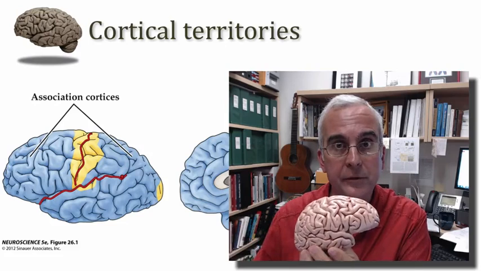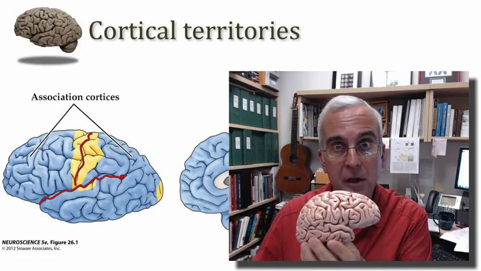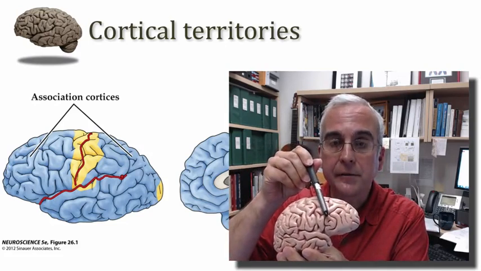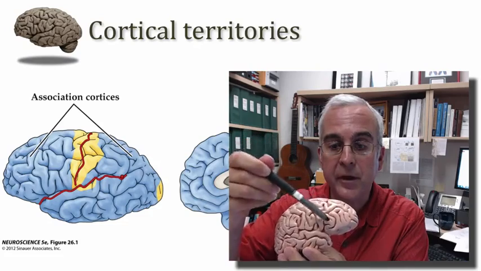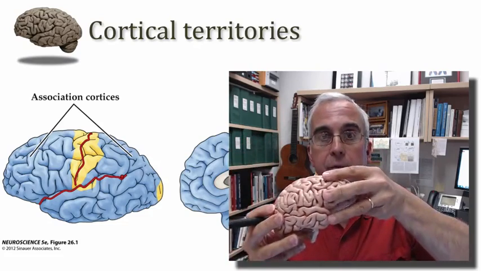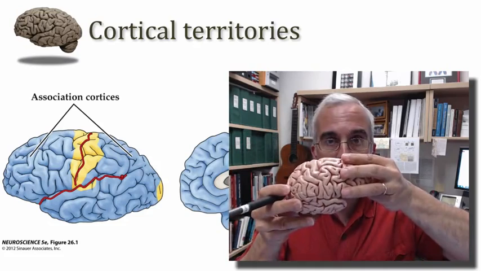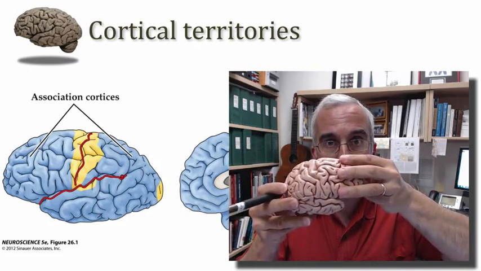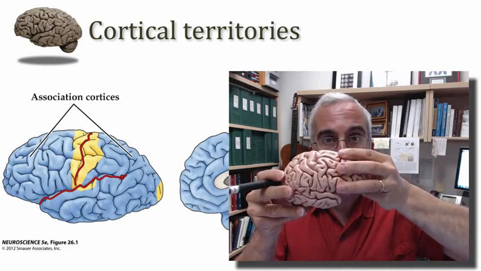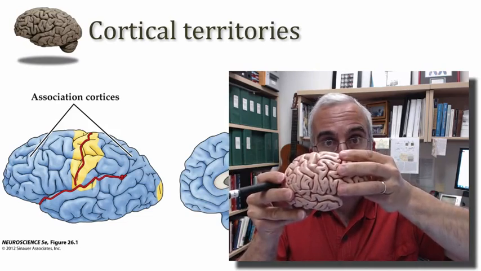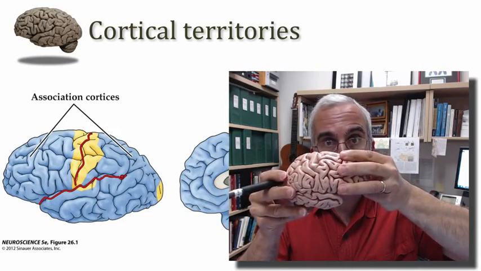For our purposes, the prefrontal cortex can be localized anatomically as the anterior two-thirds of the superior, middle, and inferior frontal gyri. Remember our three fingers here on the dorsolateral aspect of the cerebral cortex. Roughly where my three fingers are, that would be the prefrontal cortex as seen from this dorsolateral view.